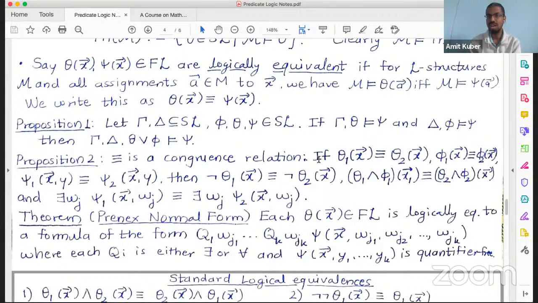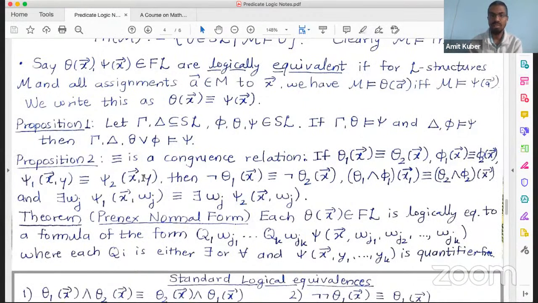Of course, it is an equivalence relation, but moreover, it also behaves well with respect to the connectives and quantifiers which we have. If theta 1 is equivalent to theta 2 and phi 1 is equivalent to phi 2, then negation theta 1 and negation theta 2 are equivalent, and so are theta 1 conjunction phi 1 and theta 2 conjunction phi 2. This is not surprising.